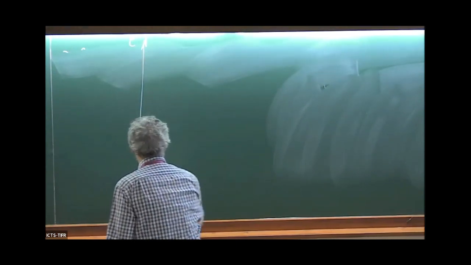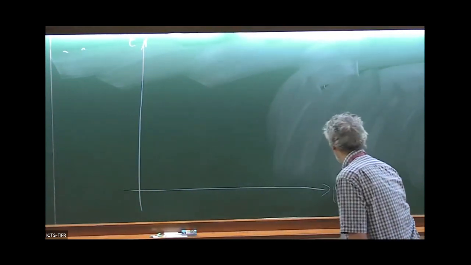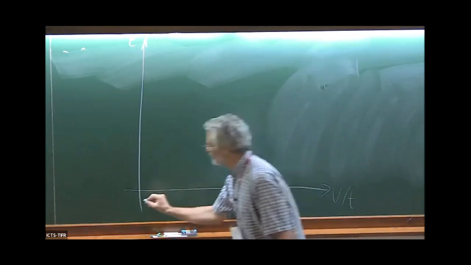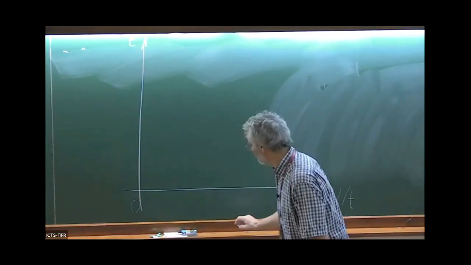Here we have the energies, and here we have U over T. So this is strong interaction. If it is 0, it is no interaction at all.